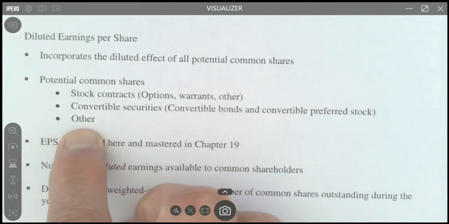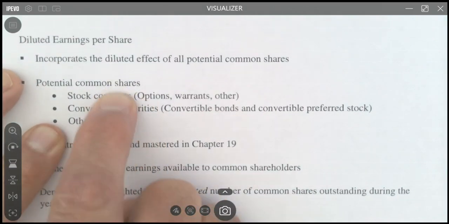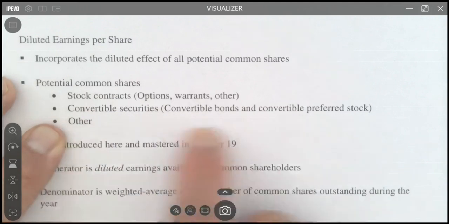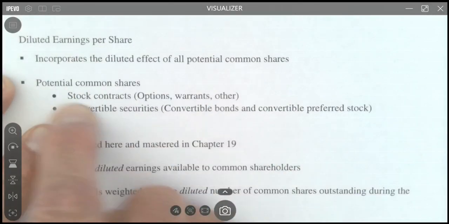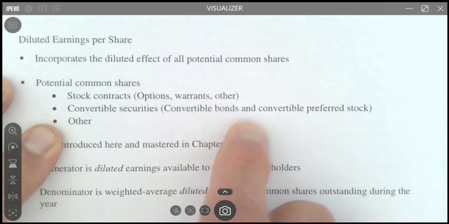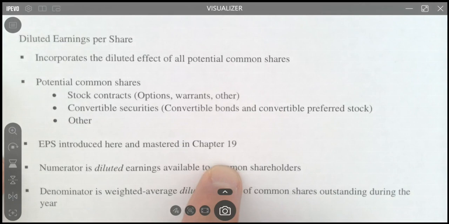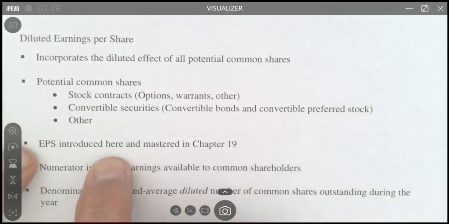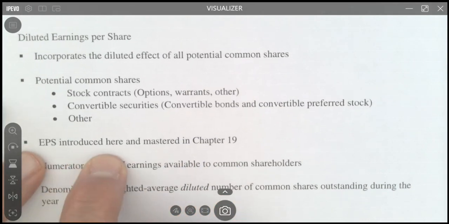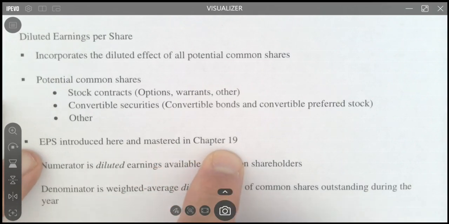And then there are other things such as subscribed shares. In an upcoming financial accounting reporting course, you're going to see exactly how this is done in the real world. For now, just keep in mind that such things exist. Earnings per share calculations are introduced here, and then they're mastered in Chapter 19 of this textbook that we're currently using.